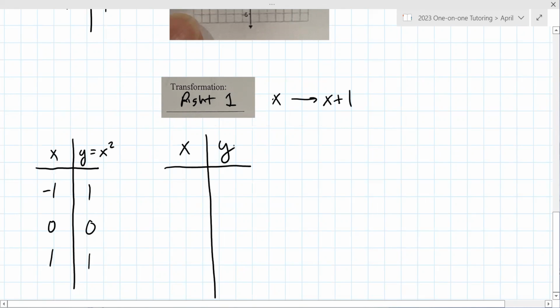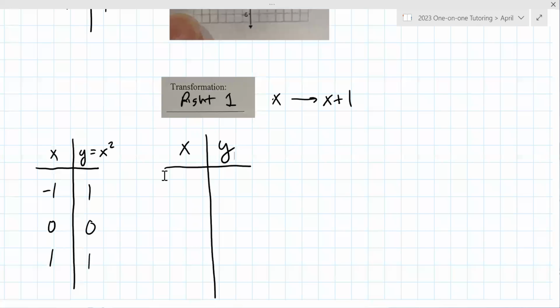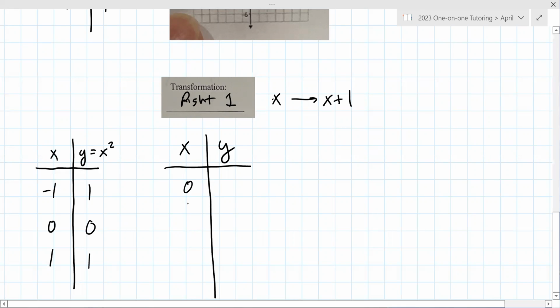So I want you to add 1 to each of the x values and tell me the result, please. -1 plus 1 is 0, 0 plus 1 is 1, 1 plus 1 is 2.